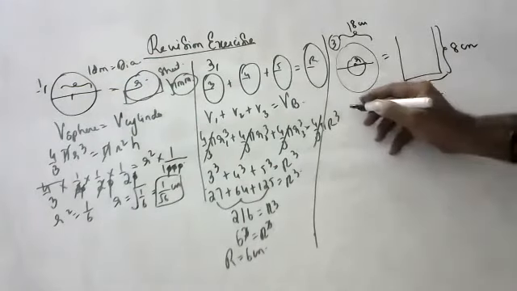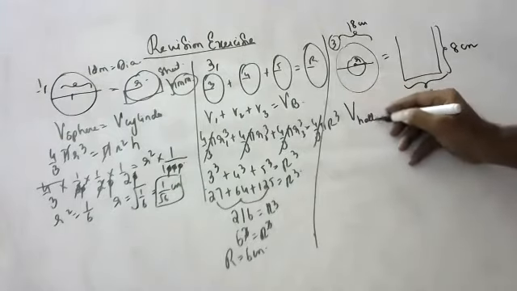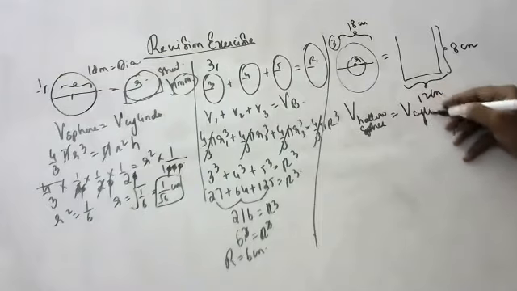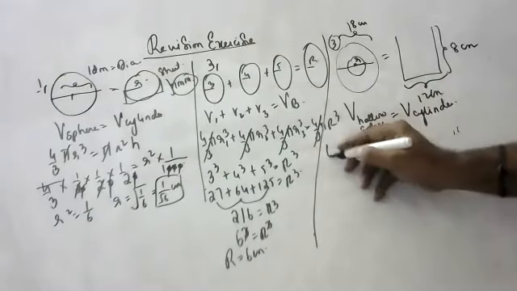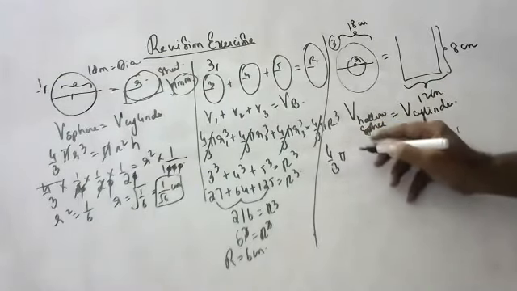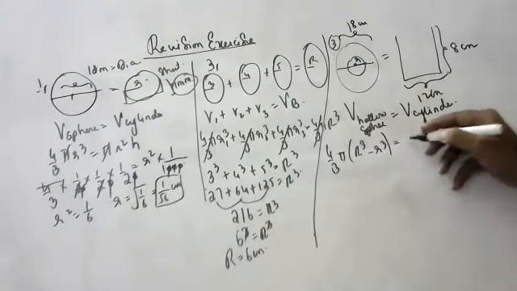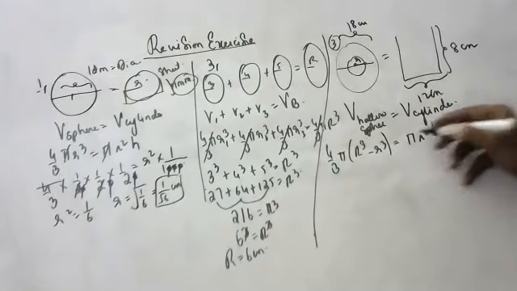Volume of hollow sphere is equal to volume of cylinder. Volume of hollow sphere formula: 4 by 3 pi (R cube minus small r cube) equals pi r square h.